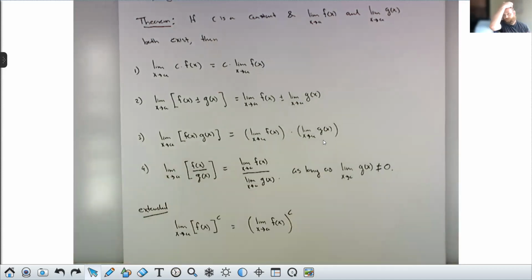So basically, limits commute with all of the algebra operations, as long as the limit of whatever the pieces are exist. So if you're given some big expression and you're asked to take the limit of it, you can take the limit of each piece individually.